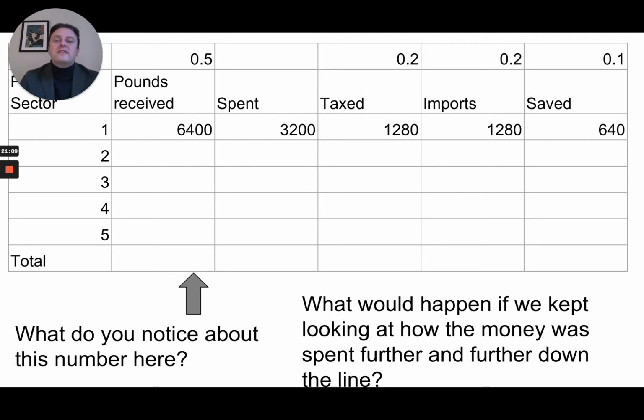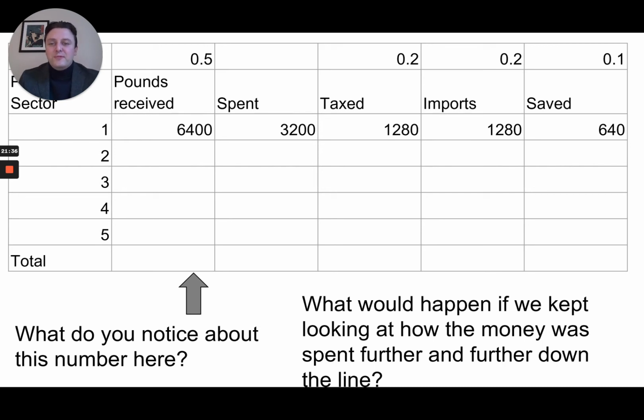So now imagine there's an injection of 6,400. How would that look for the rest of the economy? And what would happen if we kept looking at how the money was spent further down the line? Now you can do this as a quick activity. Just fill in the boxes and we shall see what happens.